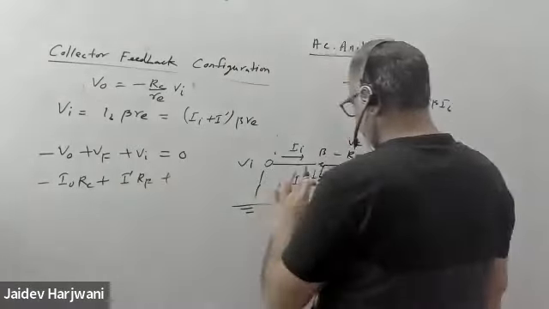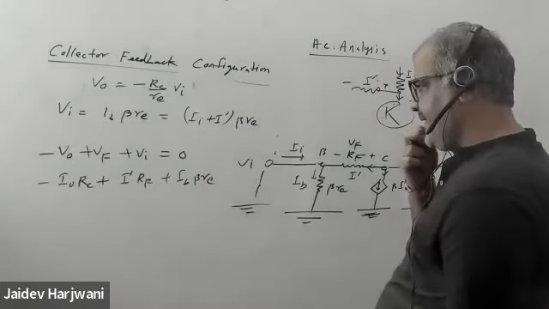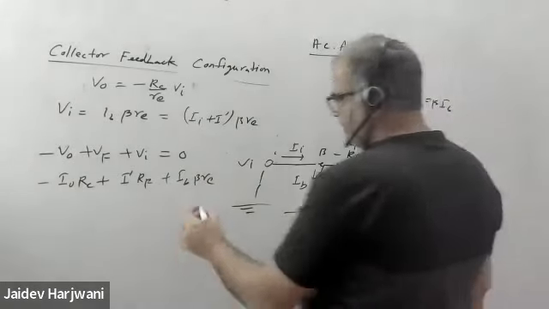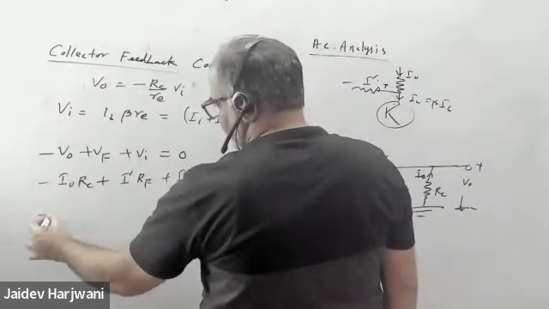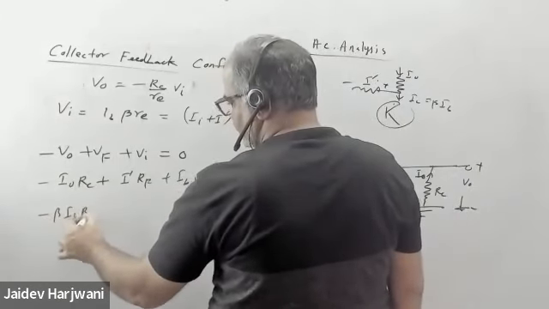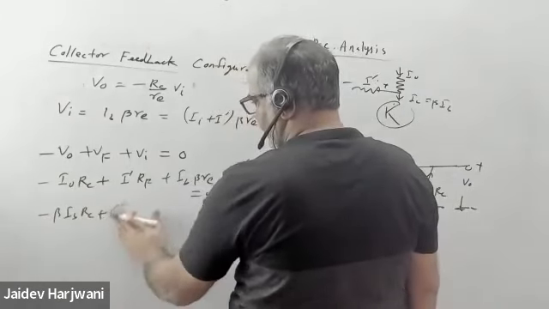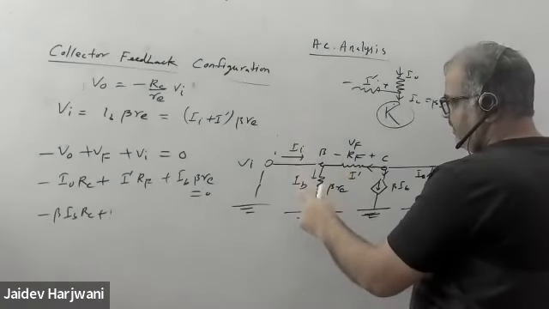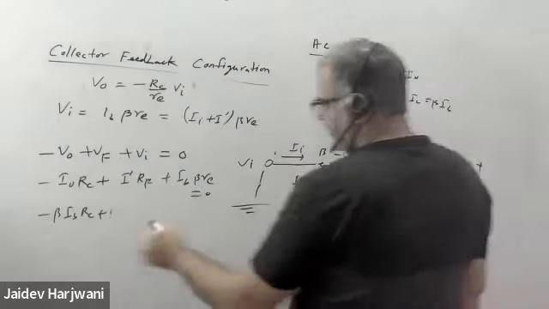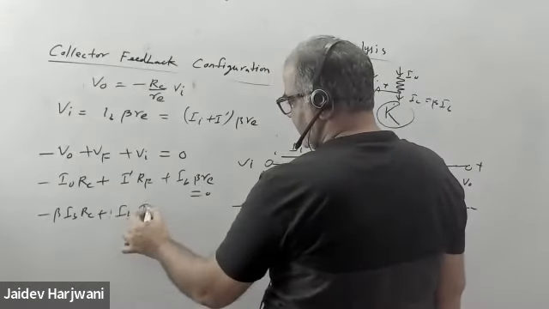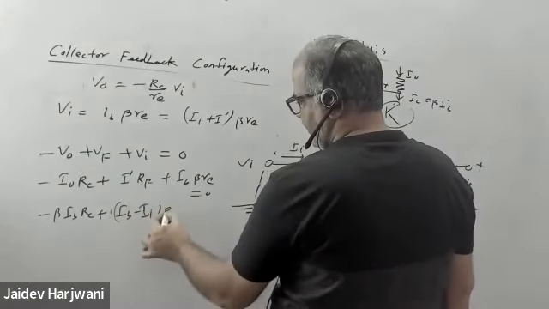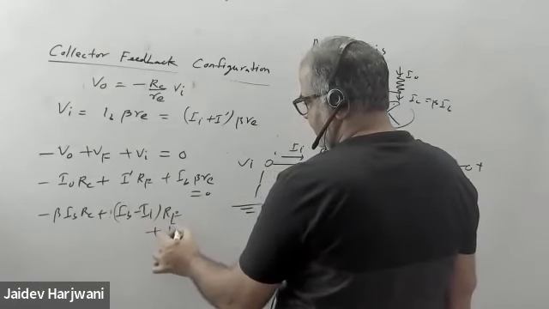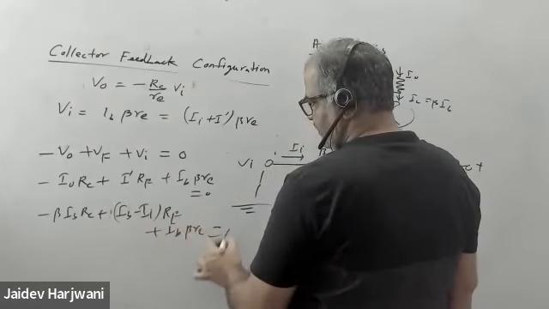Just now I told you I naught is also equal to beta IB. So these two currents I dash and I dash make IB, so I dash is simply IB minus I input RF plus IB beta RE equals 0.